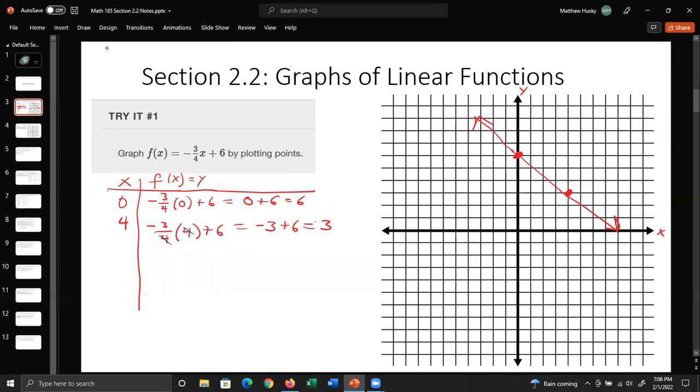You have successfully drawn yourself the graph of that line. Again, I'm assuming this is kind of review for many of you, but one strategy for drawing a graph of a line would be to just pick x values, plug them into the formula, and then see what y value that gives you as a result.